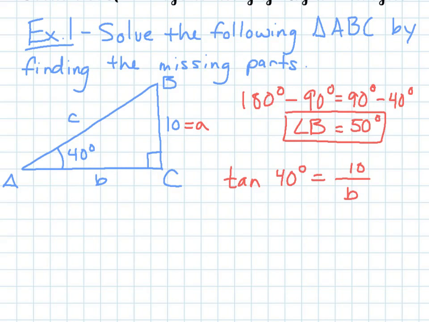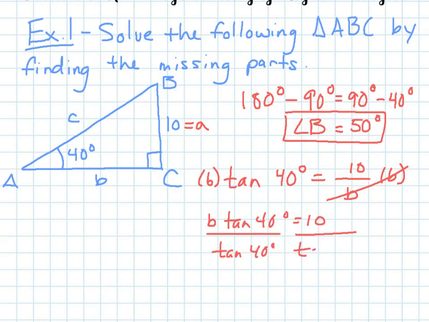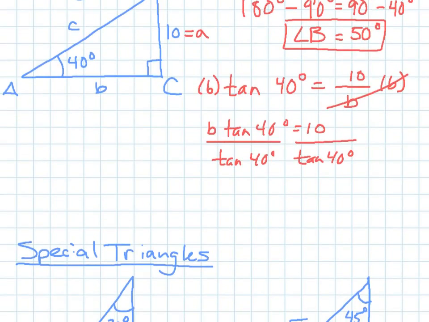Okay, so I need to multiply both sides by B, cross those out. Then now I need to divide both sides by tangent of 40 degrees. So then from there, B will equal, and you'll need your calculator, 10 divided by the tangent button, which is above the right parenthesis, plug in 40.